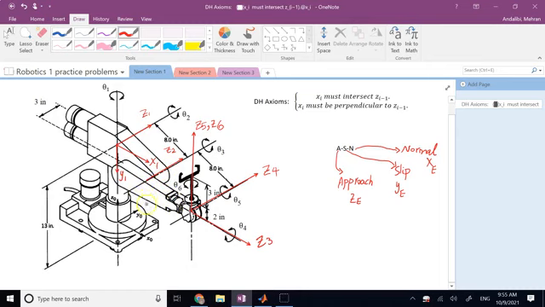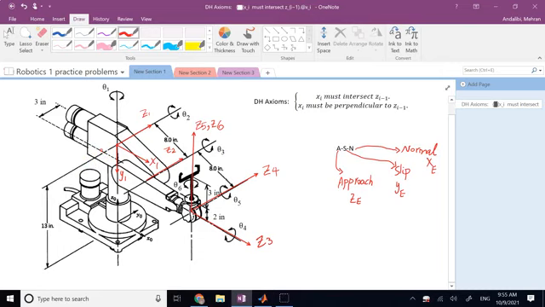No, because if you do so, then this x2 is not going to intersect z1. It's going to be askew with z1. So the only solution you have for x2 is something similar to x1, which when you extend it is going to intersect the extension of z1 at this point.